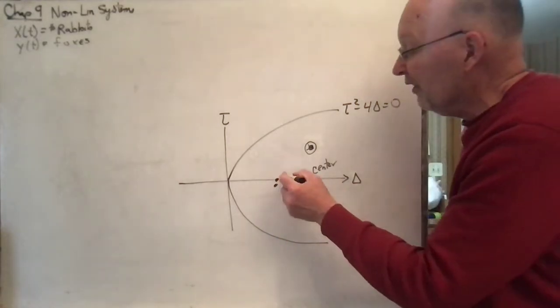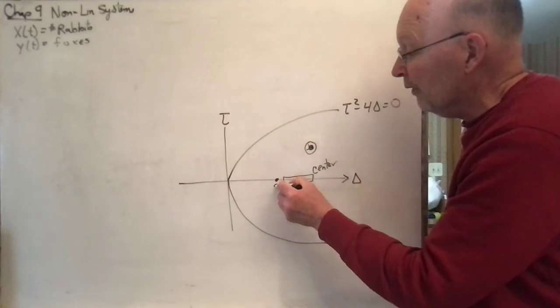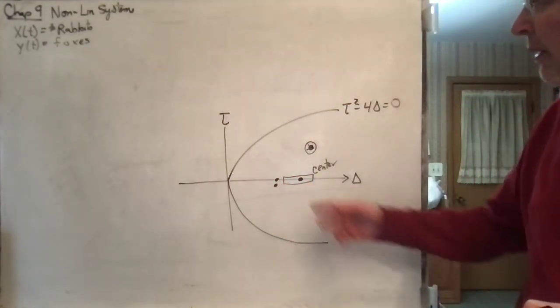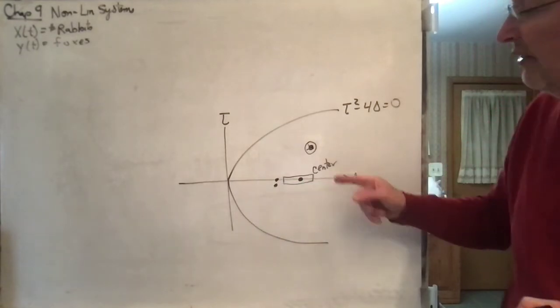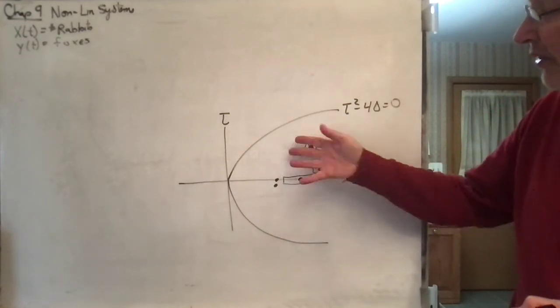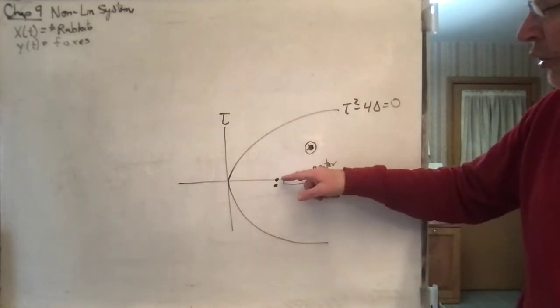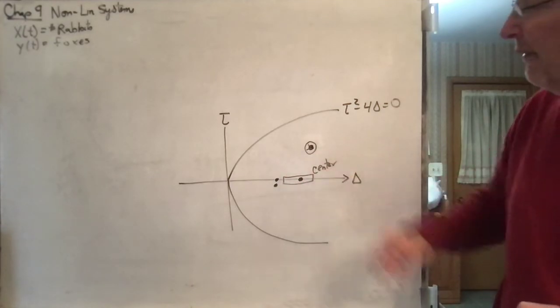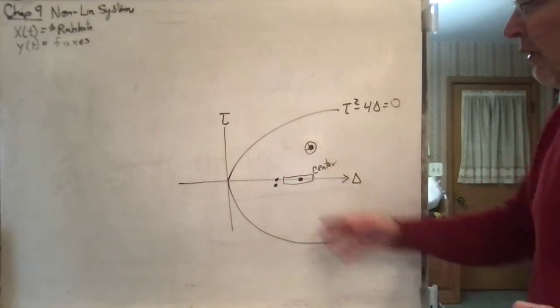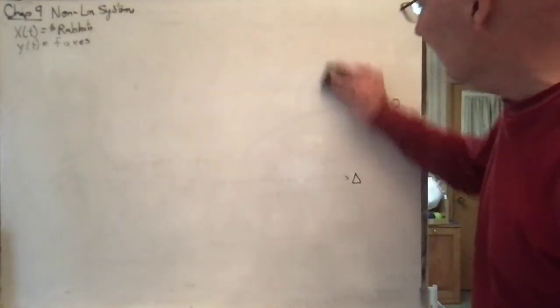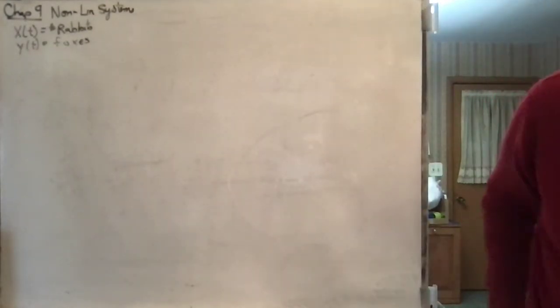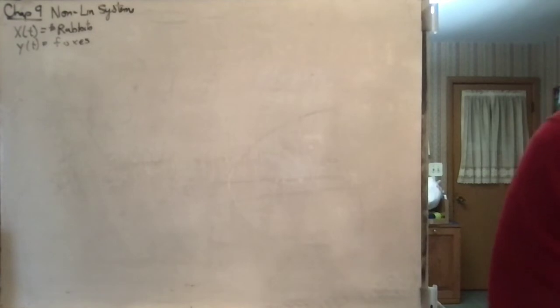The behavior of this is going to be a center, and the behavior of this is going to be an attracting spiral. So if you end up right on one of those lines, your linear approximation might have a different behavior than the actual system. And just to show you that this can actually happen, I've got an example for you.